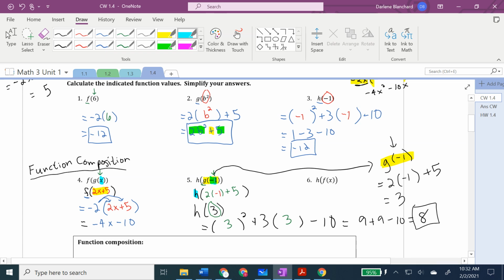When you have a number at the center, you're plugging that number into one function and then taking that result and plugging it into the next function. But when you are doing function composition based on an x variable, you're taking the entire function and substituting that entire function in where its x is existing.